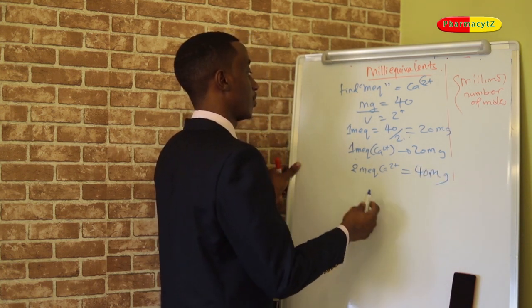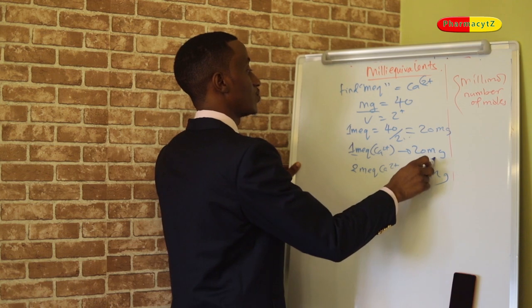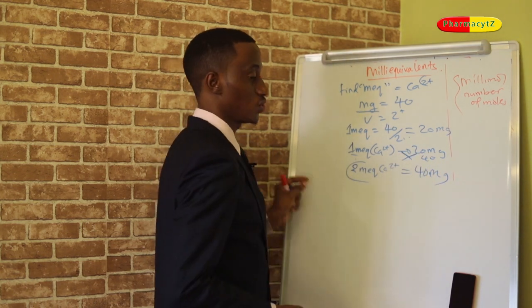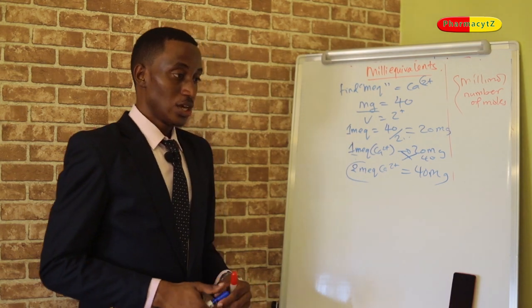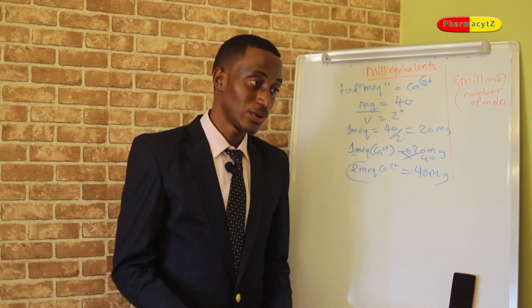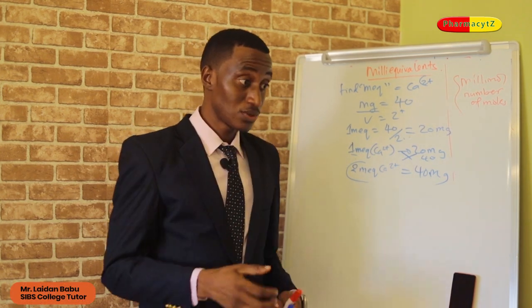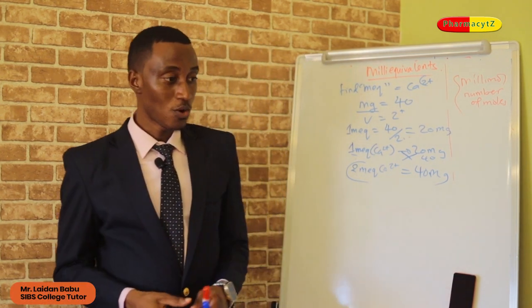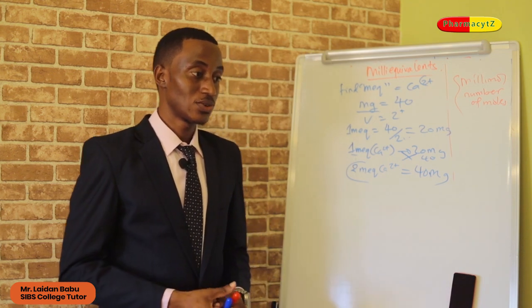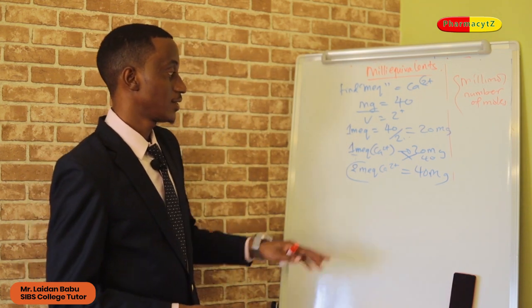How? This is simple. If 1 MEQ gives you 20, then 40 is given by how many? That is 2 milliequivalents. To summarize, calcium has an atomic weight of 40. So 40 milligrams of calcium in solution means 1 millimole of calcium is in solution. In this case, 2 milliequivalents of calcium are in solution.